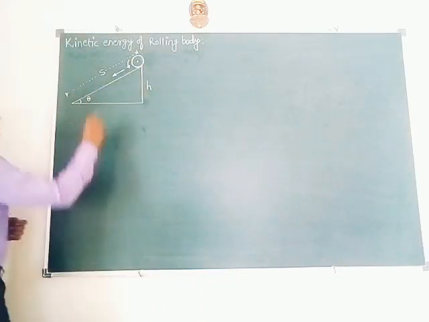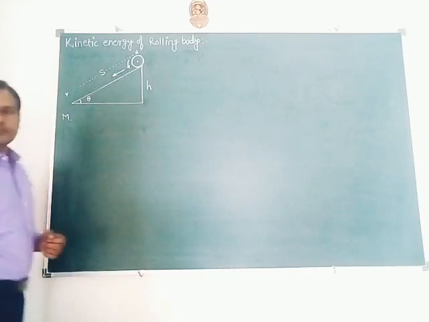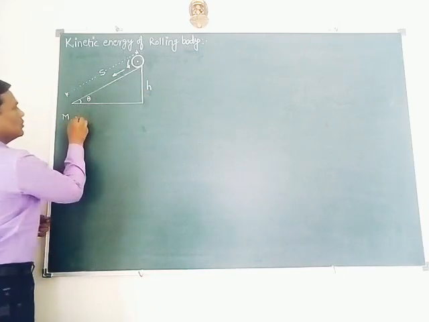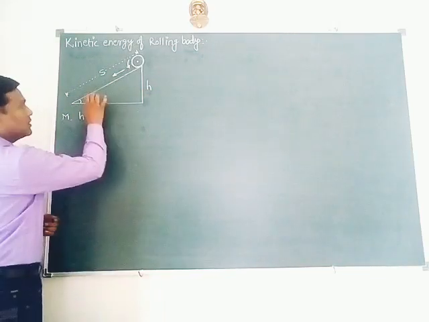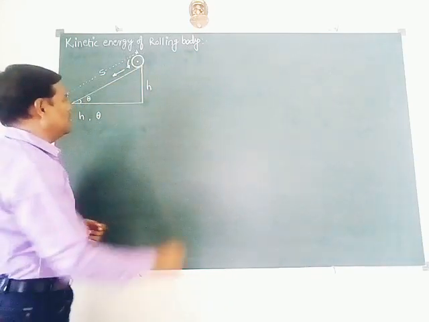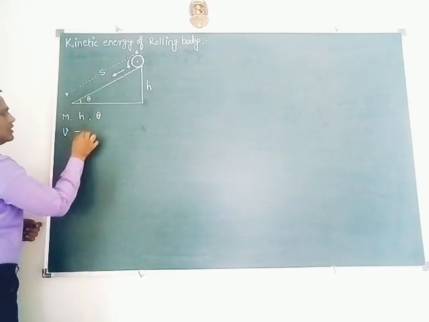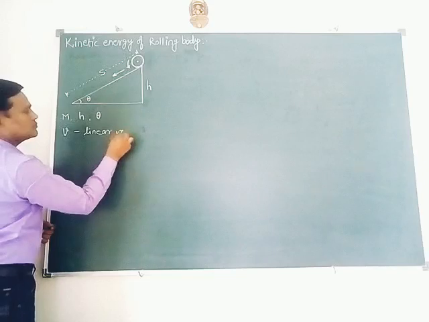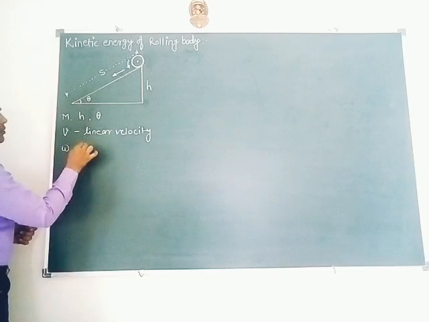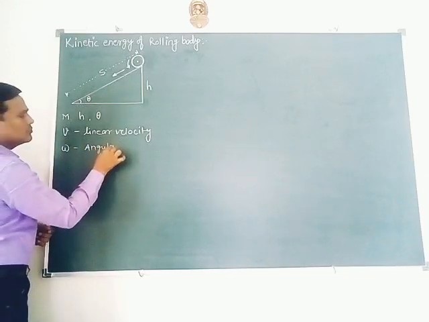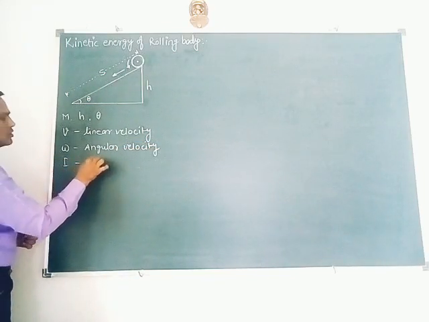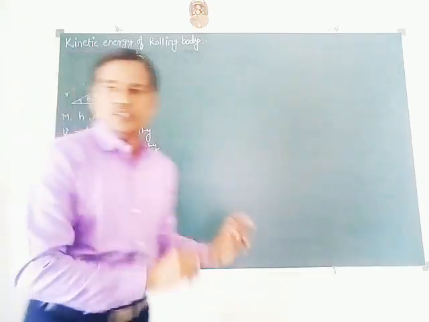So here consider that object of mass m, it is rolling on inclined plane with height equal to suppose h. The inclined plane, that surface, is inclined at an angle theta. Let v be the linear velocity, then omega be the angular velocity, capital I is equal to moment of inertia of that object, whatever it may be.